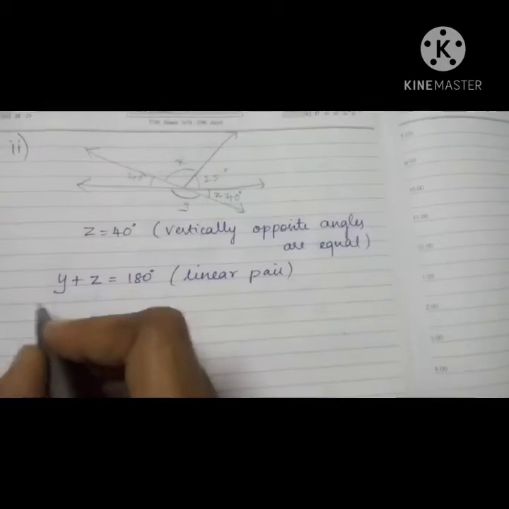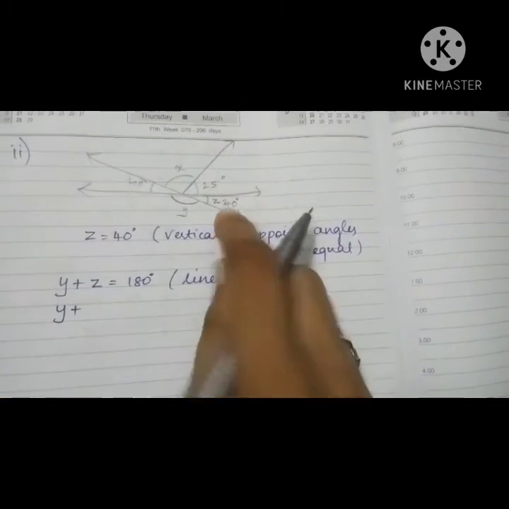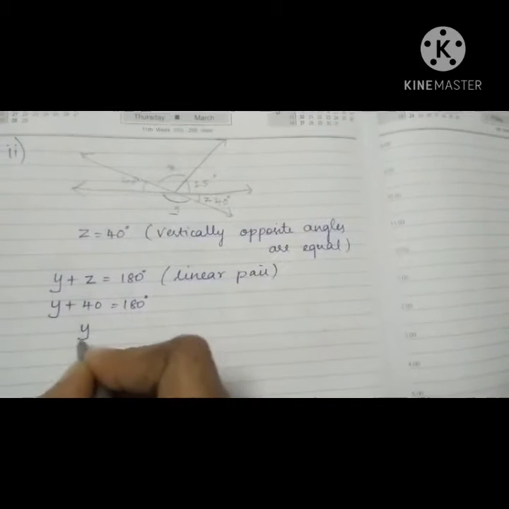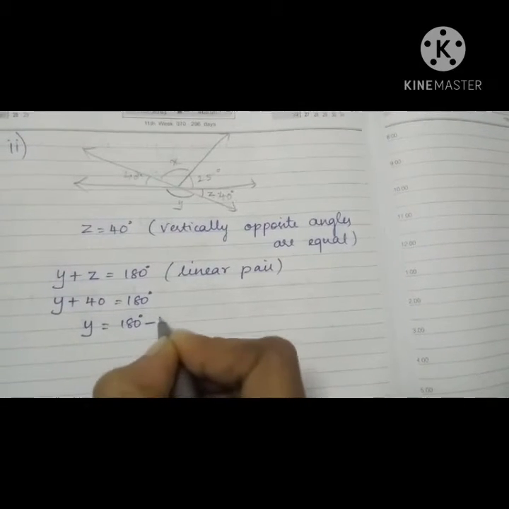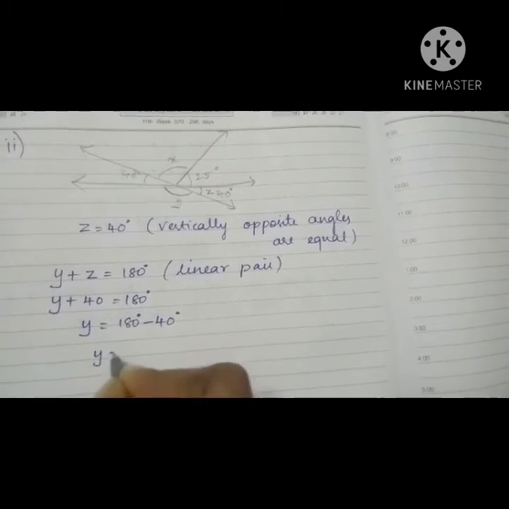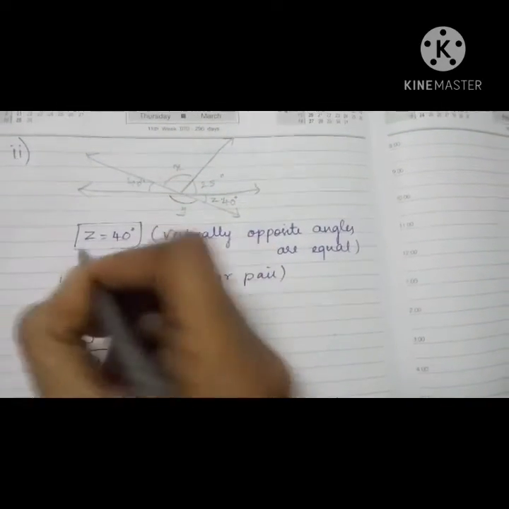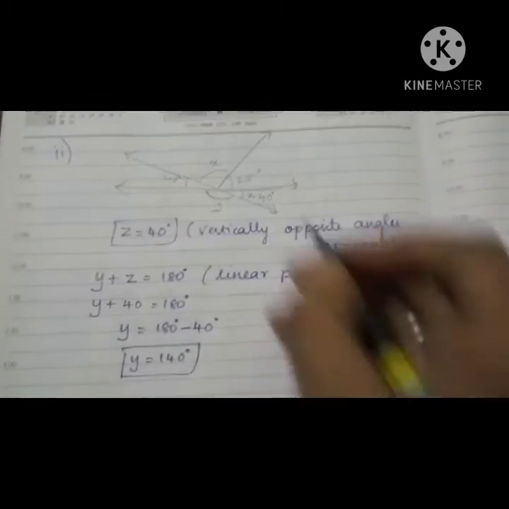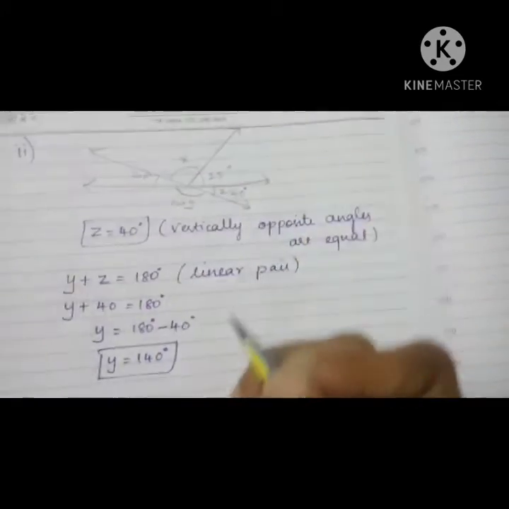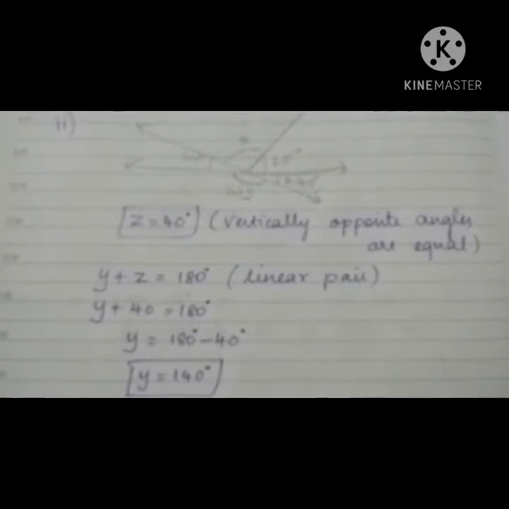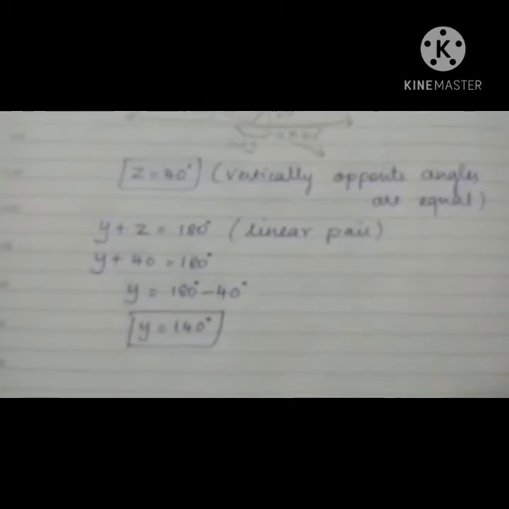What is the y value? We don't know. What is the z value? 40. So y is equal to 180 minus 40. Y is equal to 140 degrees. Now we are supposed to find the value of x.